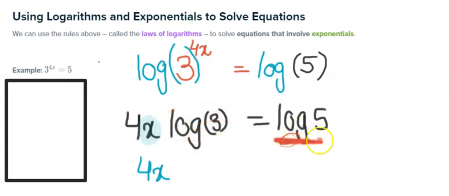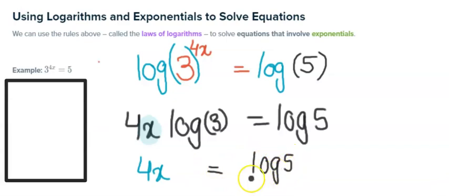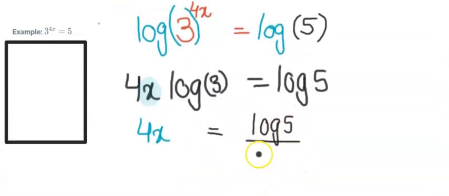The opposite of multiply is divide. So 4x equals log 5 divide log 3. If you put that in the calculator, you can get an answer, but I want an exact answer.